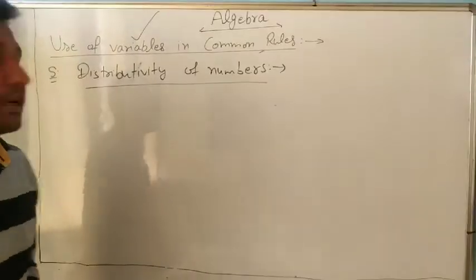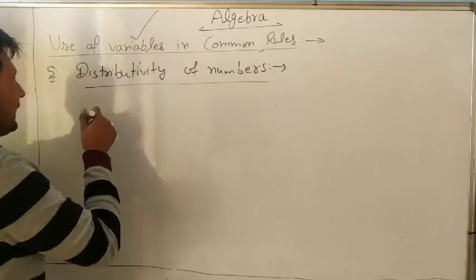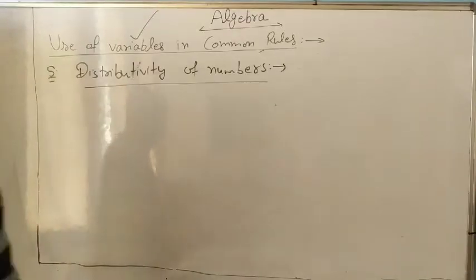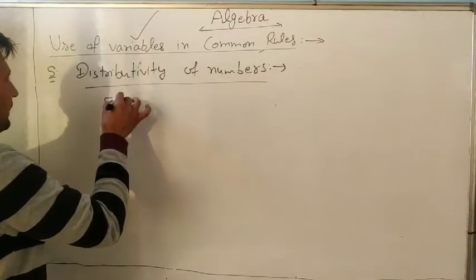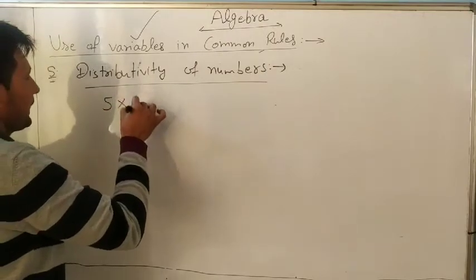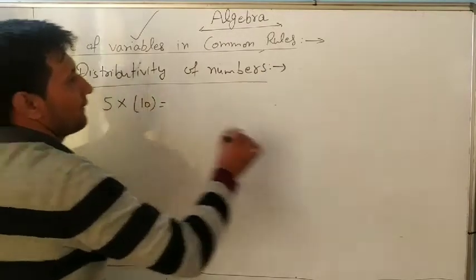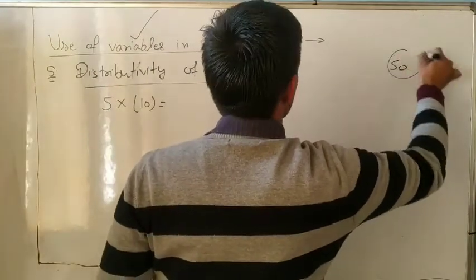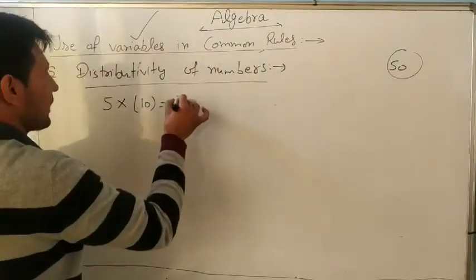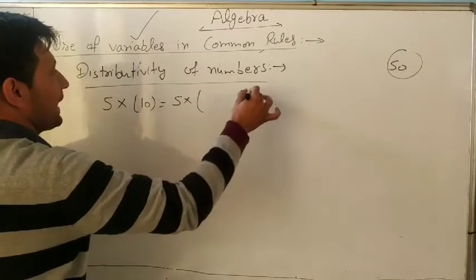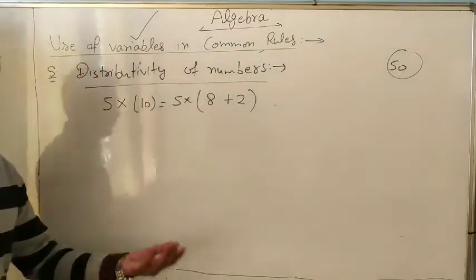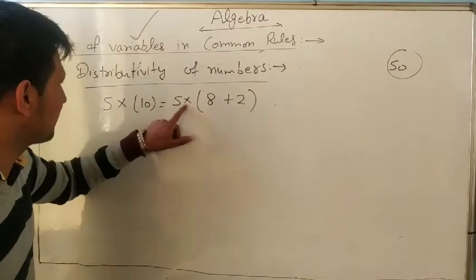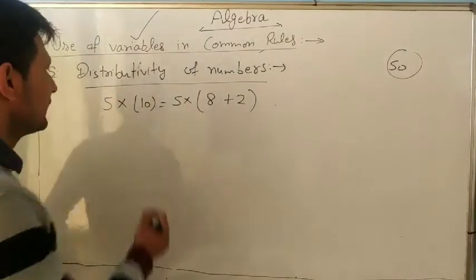On numbers, suppose 5 multiply 10. Everyone knows 5 into 10 is 50. But you can write it like this: 10 can be written as 8 plus 2. Yes, why not? So 5 multiply 10 becomes 5 multiply the sum 8 plus 2.